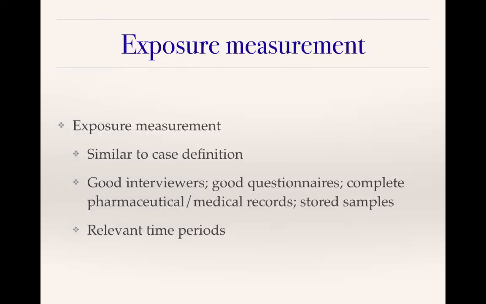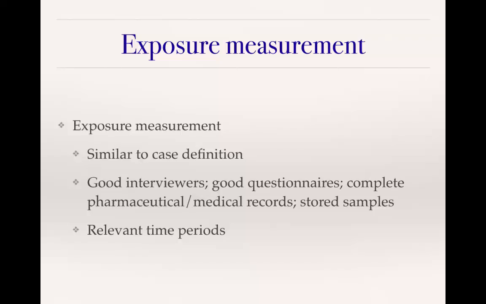We've looked at case selection, which includes our outcome measurement. Now, also, we need to be very clear about our exposure measurement. So we've got our group of people. We want to go and look at what exposures they were subjected to.